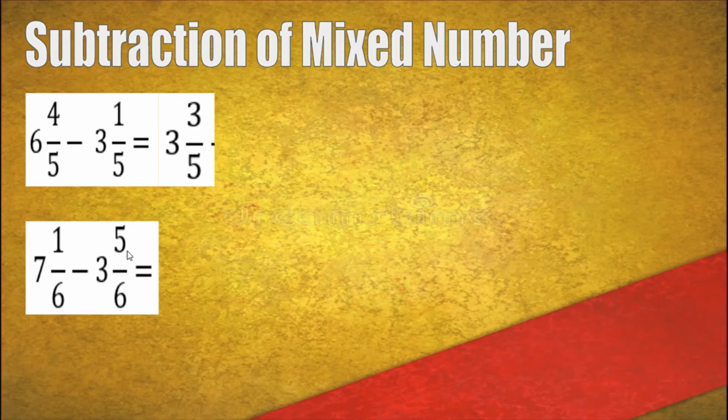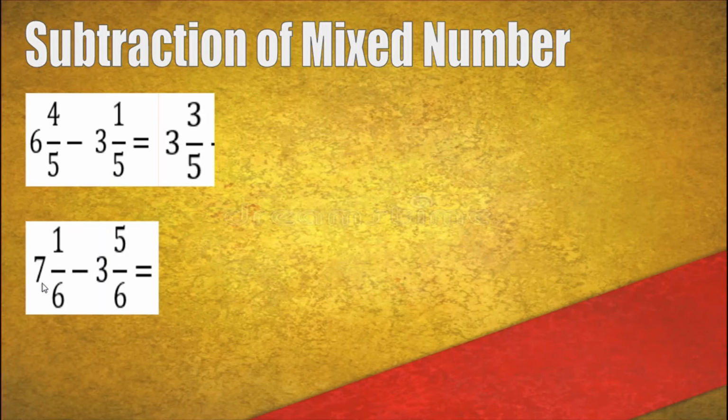Do you get it, grade 6? For this fraction, we cannot do the process that we did a while ago, wherein we just subtract 4 by 1. But for this one, we cannot subtract 5 from 1 because 1 is lesser than 5. So in this problem, we need to change our mixed number into an improper fraction.